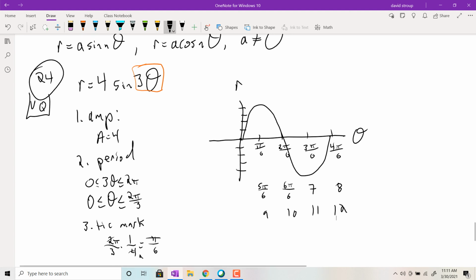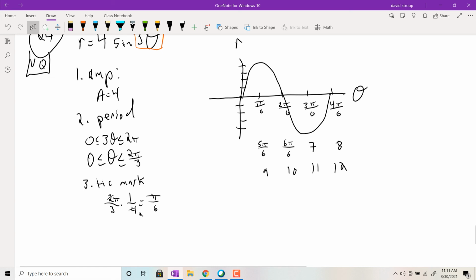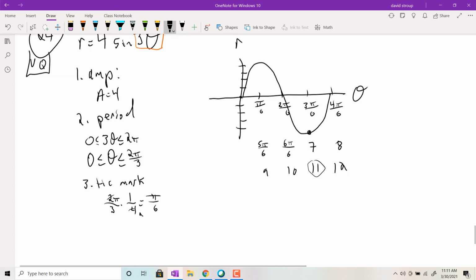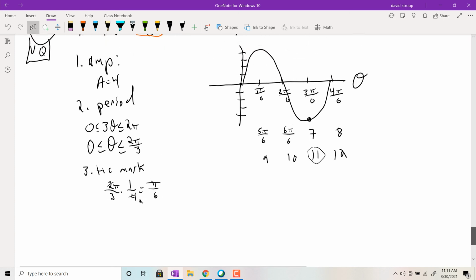Okay, so if I want to know what the r value is at 11 pi over 6, I just go right here, and the r value will be -4. Okay, so now I want to go to my polar coordinate system and start worrying about graphing this thing.